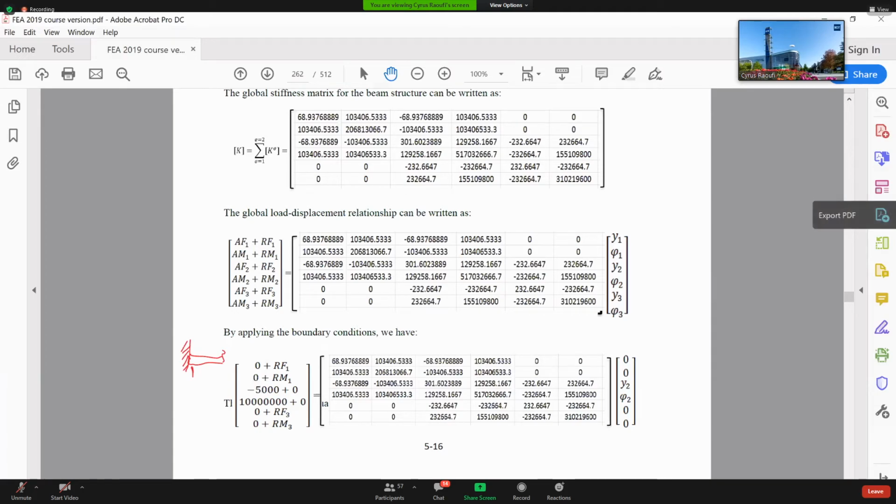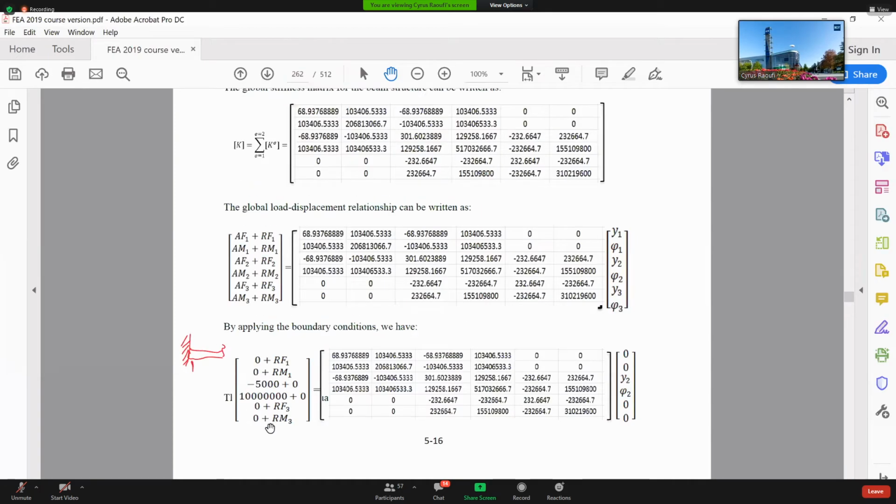If you look at here, there is no applied force and applied moment. Then what you have here is 0, 0 for both applied force and applied moment. However, at this node, we have both reaction force and reaction moment, which are unknown. We don't know them. This is the first thing. For node number 2, which was in the middle, let's see what's happening.